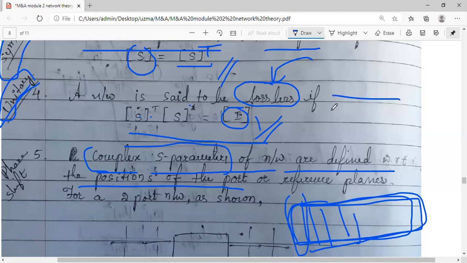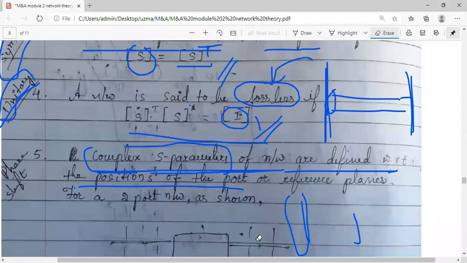If you take a long pipe in which water is flowing, this front side will be your first port, the reference plane. The other end will be your second port reference plane. So when you talk about reference planes, positions matter a lot. Hence the complex S parameters for a network are defined with respect to the positions of the port, that is, the reference planes. So for a two port network, let's see how we define these S parameters.